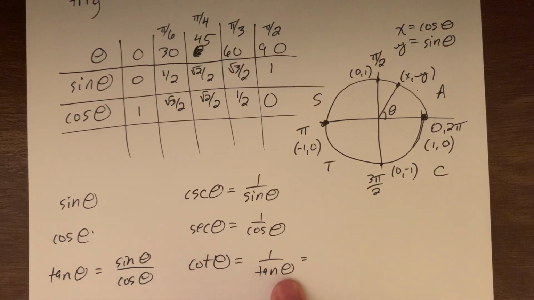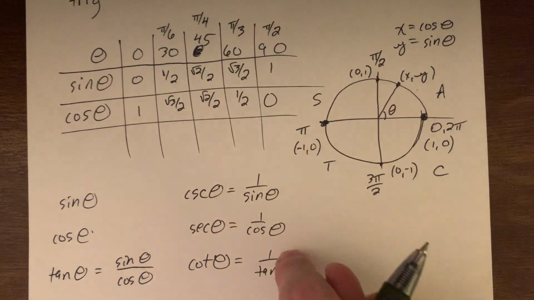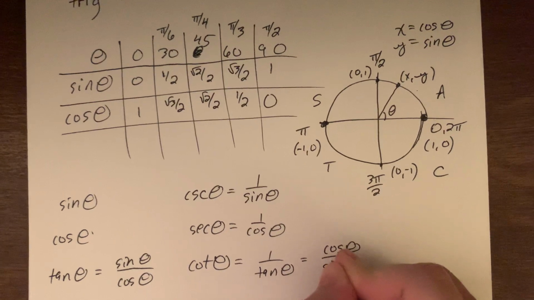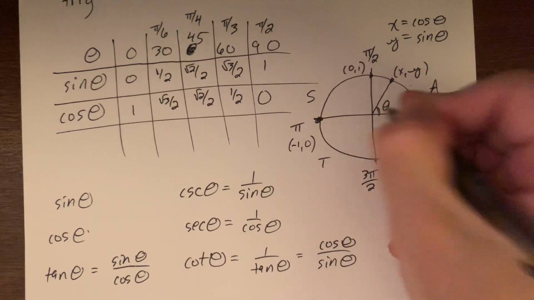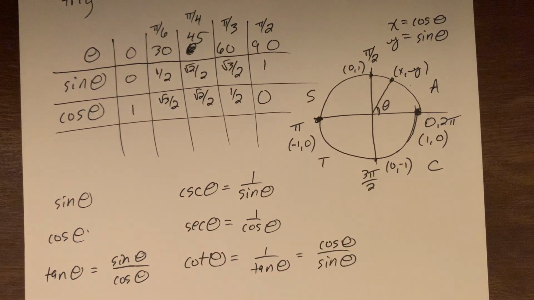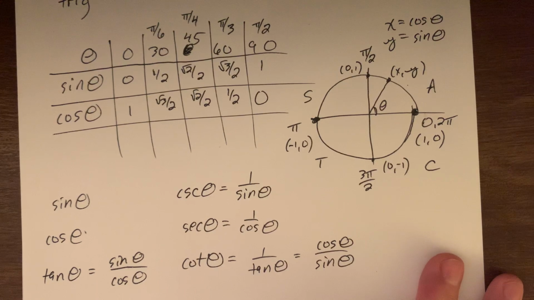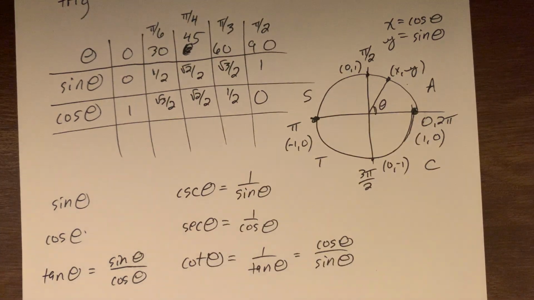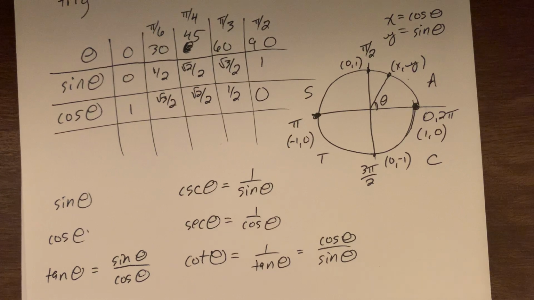So cotangent is 1 over tangent, but if tangent is sine over cosine, it's 1 over a fraction, so you're multiplying by the reciprocal, which simply flips your fraction. So that's your big key, everybody. Those are the key facts. Inside your book, I forget if it's the front or the back cover, there's a bunch of trig facts, and it's got this and a whole bunch more. But that's what I mean about some basic trig facts that we're going to need.